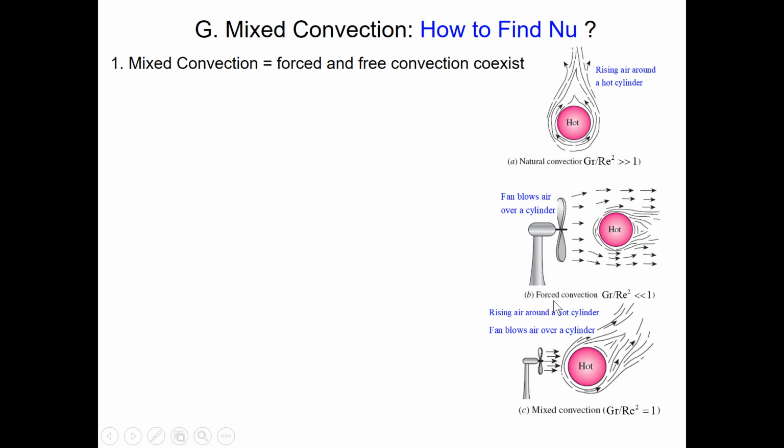B is forced convection, because it is between the solid hot surface and moving fluid blown by the fan. If the buoyancy induced rising air around the hot cylinder and the blowing air by the fan coexist, C is a mixed convection.